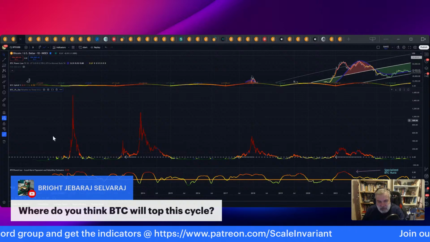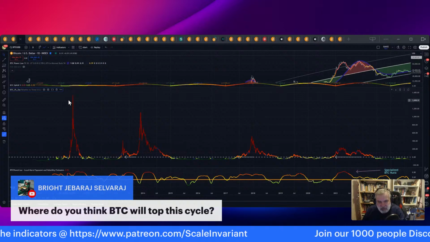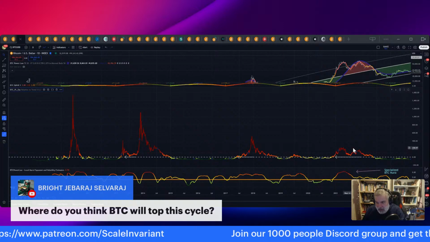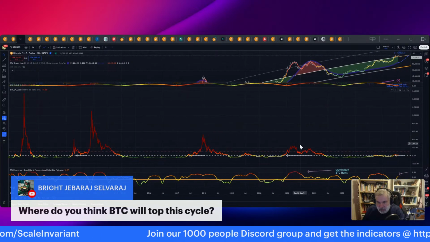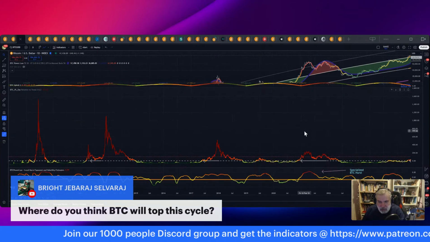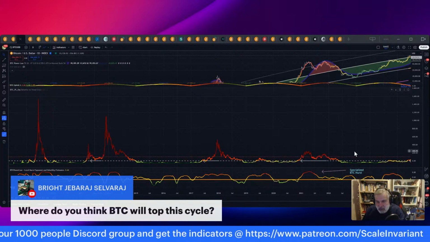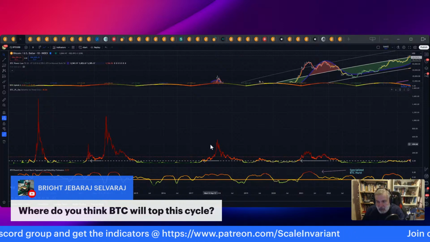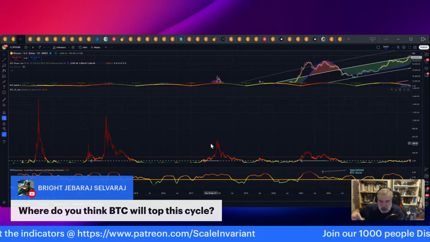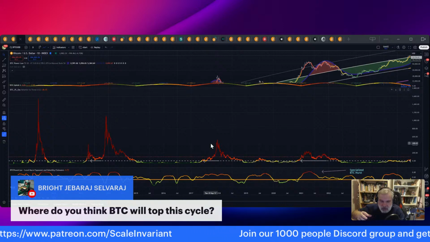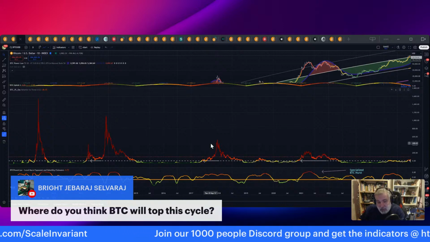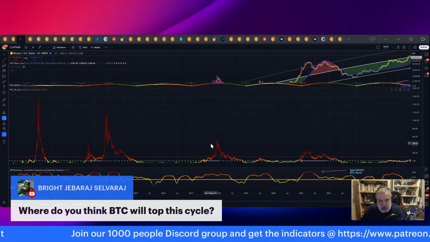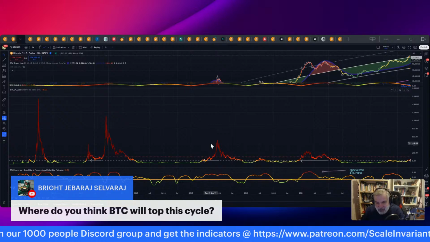This is what I was trying to tell you several times, that the first peaks were enormous and the other ones much smaller. Now, you look at this and you think, okay, they're going down. It was easier to push Bitcoin around when it was $20 than when it was $100,000.